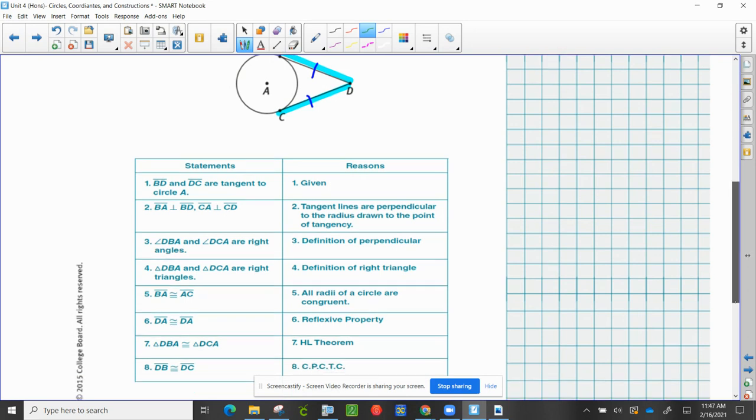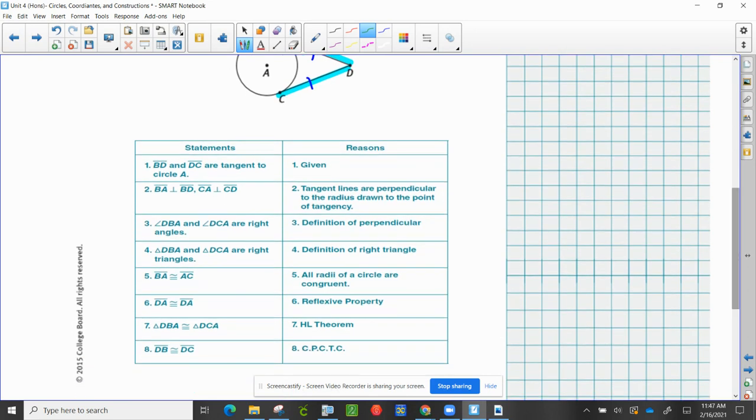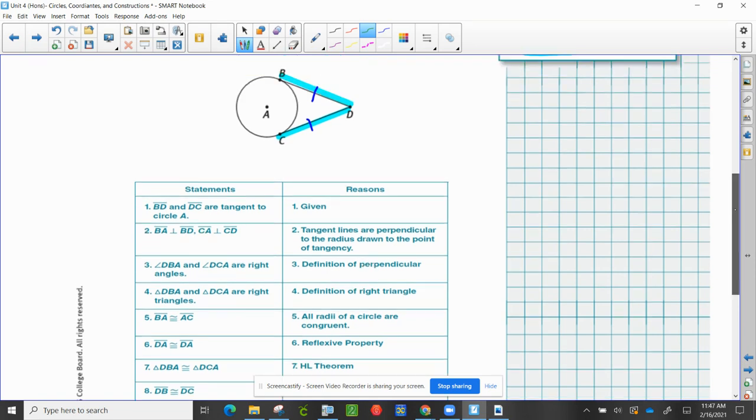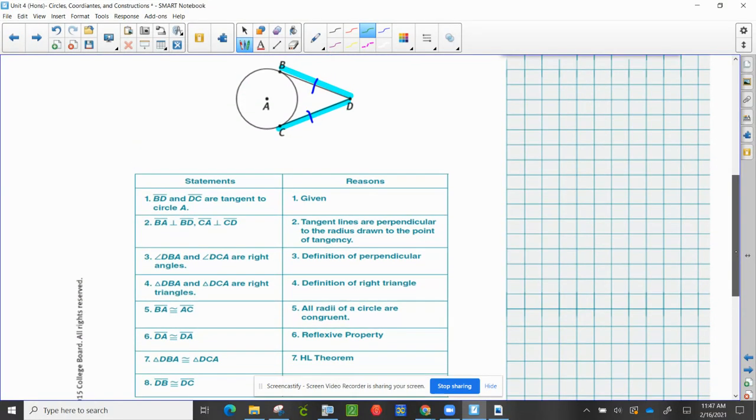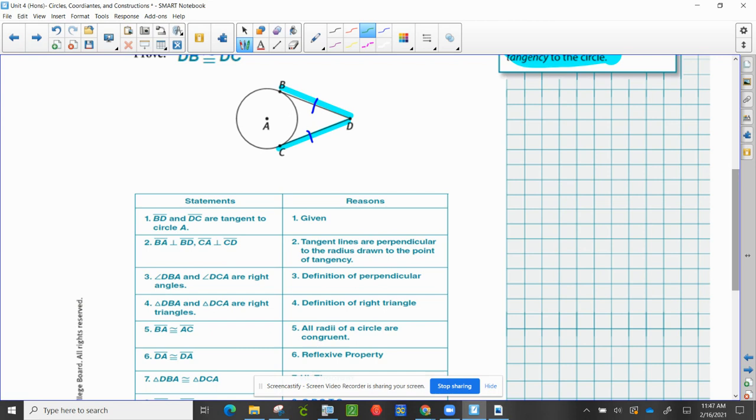Now, I just put in this proof for you guys, but here's the proof from your book that shows you how we can actually prove that those tangent segments are congruent. So what we can put in here is some triangles that we're going to make. We have radii we could draw in from both points here to those points of tangency.